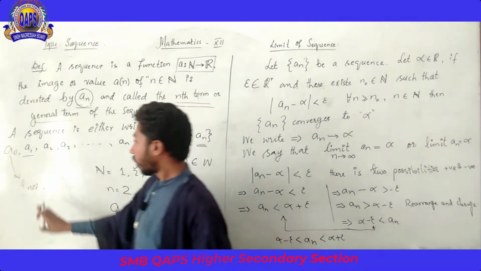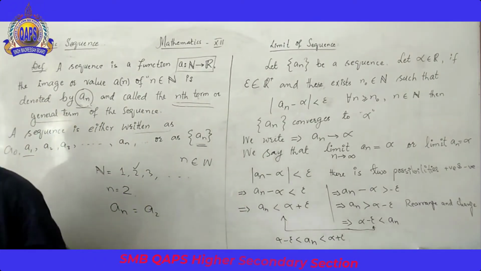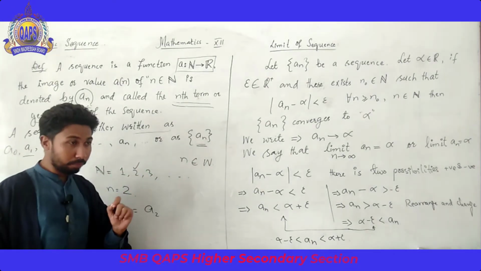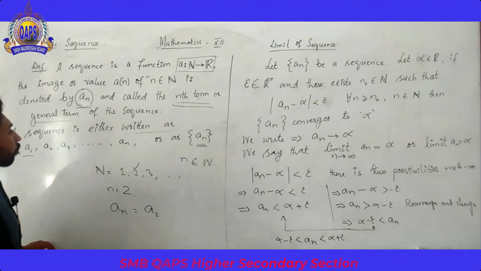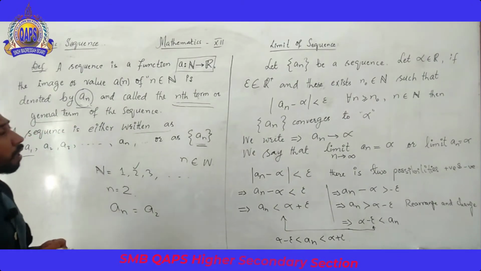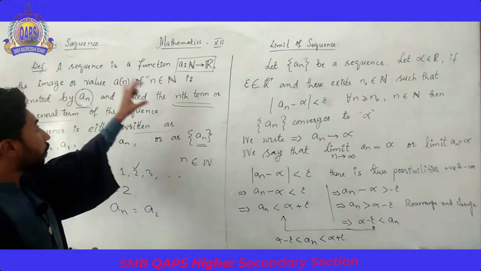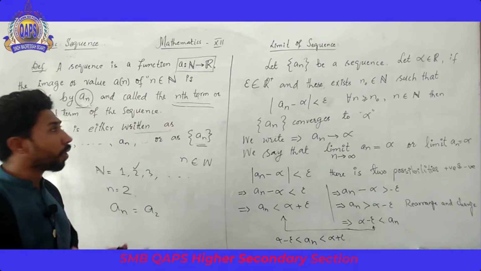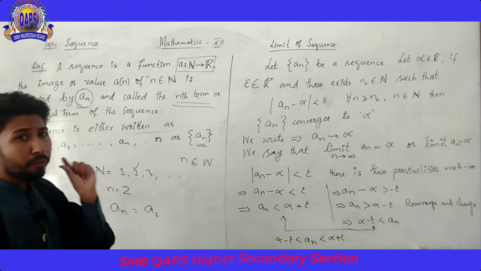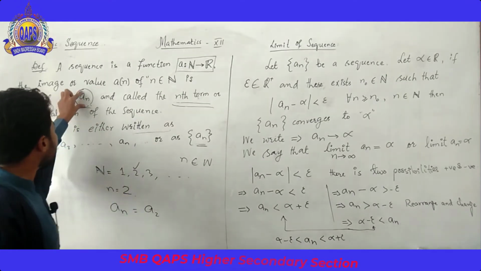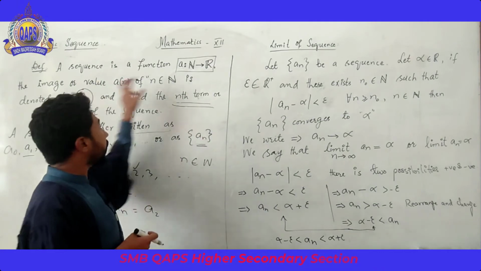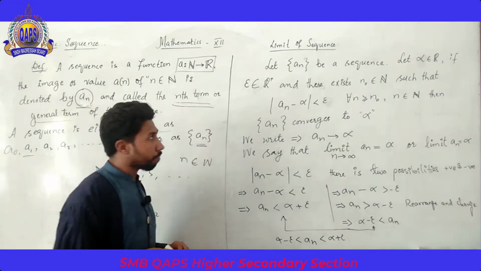This point represents the first element of the whole numbers. So this is the sequence as a function, and why we use the sequence in a function: the main point is that it gives the nth term or general term, and we find this general term in the sense of this function.